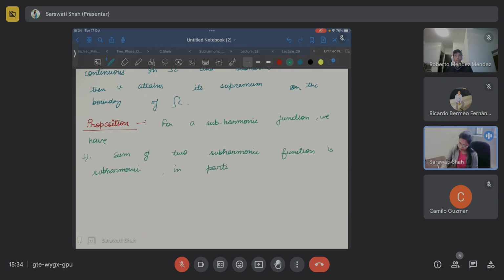In particular, the sum of a harmonic function and a subharmonic function is subharmonic.